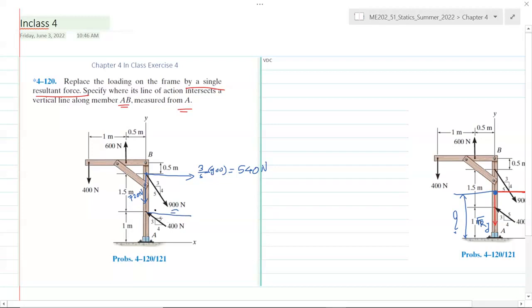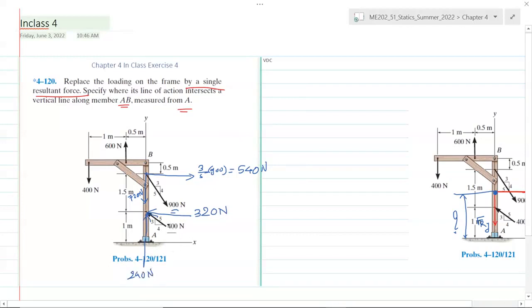This 400 can be reduced to 4 by 5th of 400, which is 320 newtons, and the vertical component is 3 by 5th of 400, which is 240 newtons.